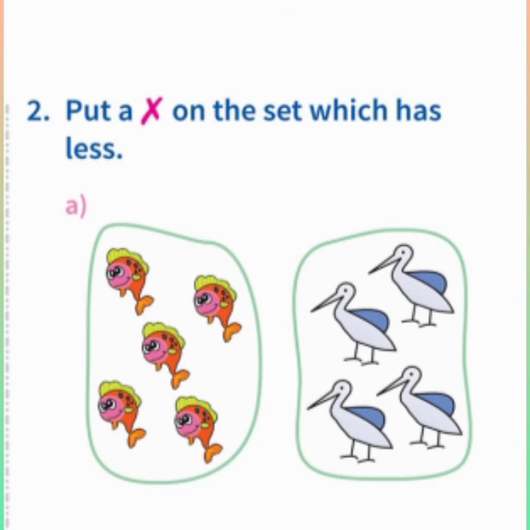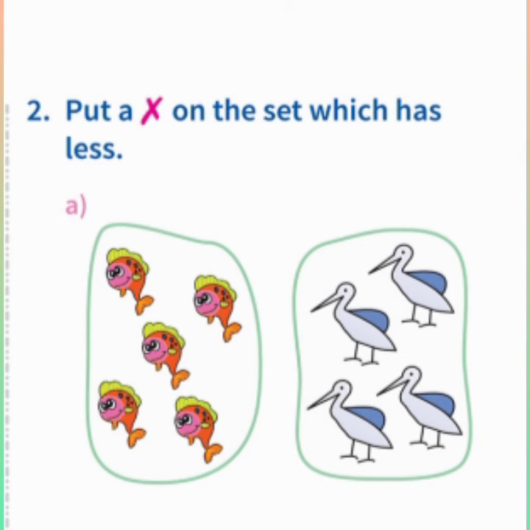Now I'm going to show you another example of it. Put a cross on the set which has less. Now there are ducks and fish. On one side there are fish and on the other side there are ducks. Let us count the fish first. 1, 2, 3, 4, 5.